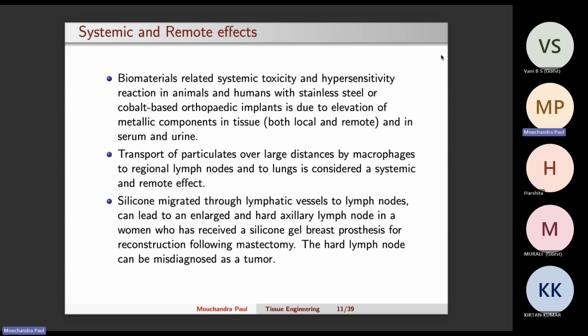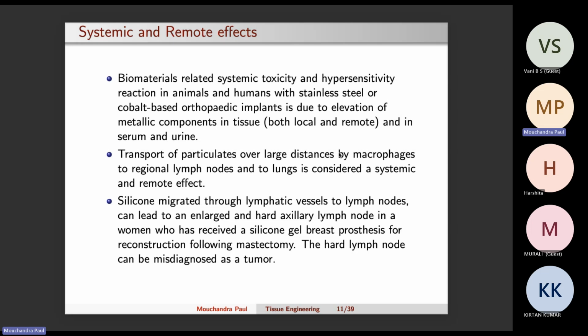So why have these metal components traveled so far in the body from the implanted site? It is because of these macrophages. They try to phagocytose it, and the hydrolytic enzymes that they secrete cause the creation of these metal particulates.